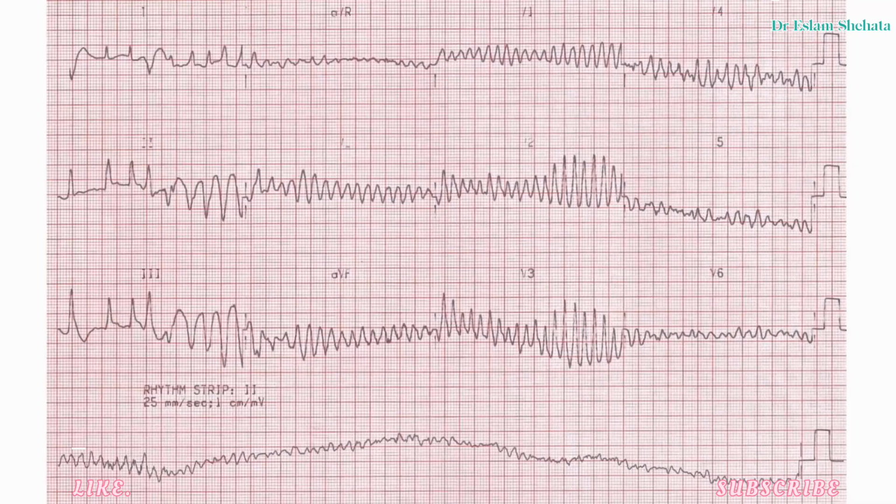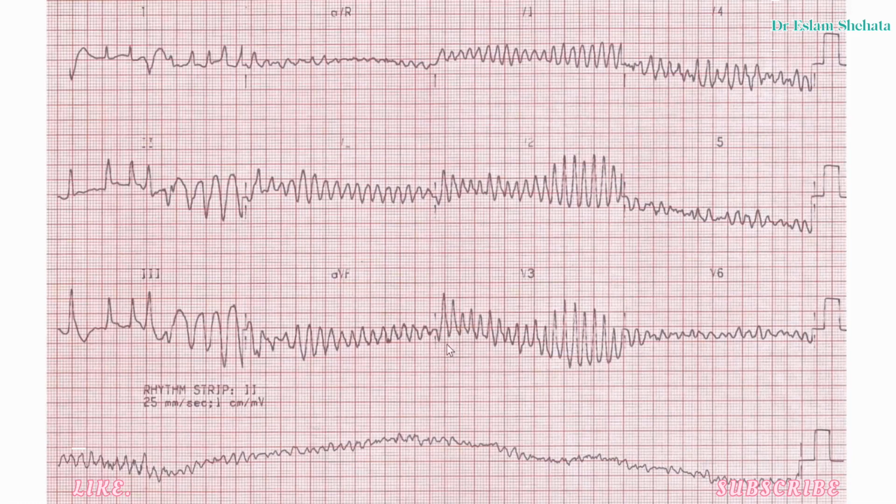Here we have another example, and this is of polymorphic VT. So this is Torsades de Pointes VT. What I want you to notice is we go into VT at about this point, and you'll see that the QRS complexes keep changing in amplitude. Now, don't be confused by the abrupt change that we get in places like this, for example, where we move from one lead to another, so from AVF to V3.